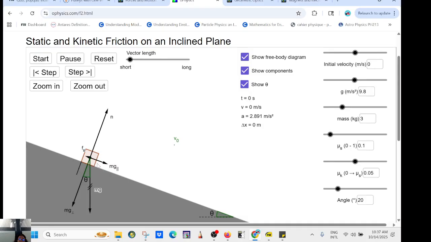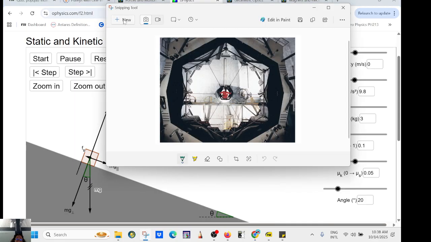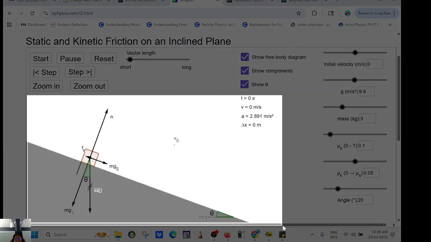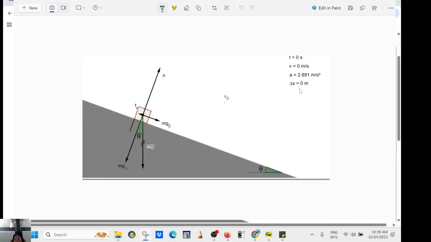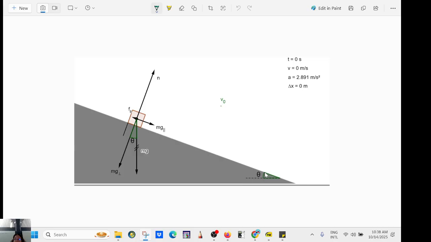Right? So what you need to memorize, so here you have the weight straight down. It has 2 components. The y component here, which they call the perpendicular component, perpendicular to the plane, and the parallel component. What you need to memorize is the following. And you see the angle, the slope here, the angle is theta.